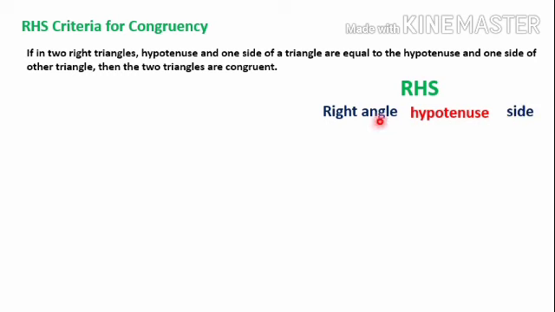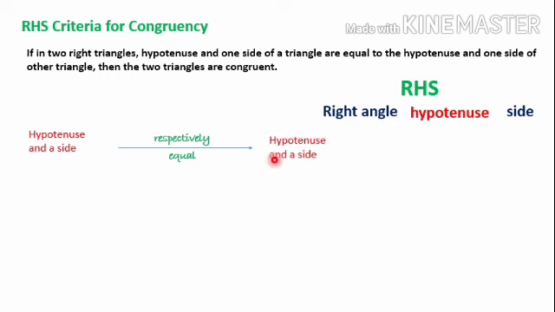Means in a right triangle, hypotenuse and one side are respectively equal to the hypotenuse and a side of another right triangle. Then we can say that the two right angle triangles are congruent by using RHS criterion. If you summarize, hypotenuse and a side of one triangle are respectively equal to the hypotenuse and a side of another triangle, then the two triangles are congruent.